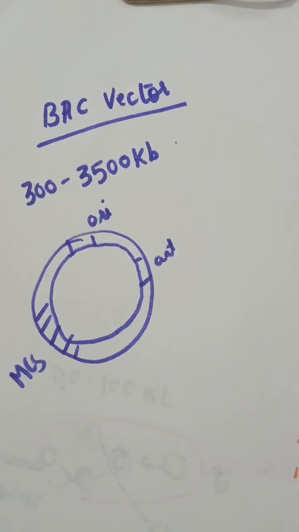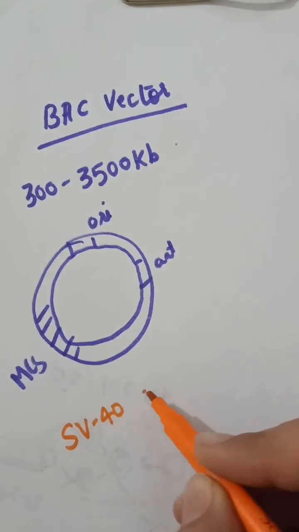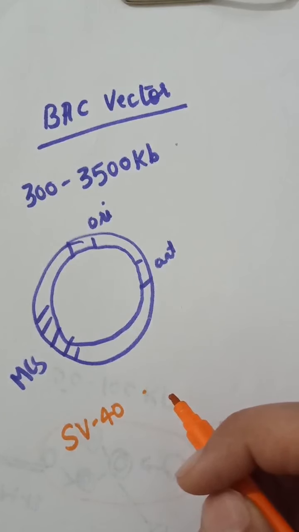For this purpose, simian virus 40, SV40, was one of the first animal viral cloning vectors, constructed and used in cloning experiments using mammalian cells.